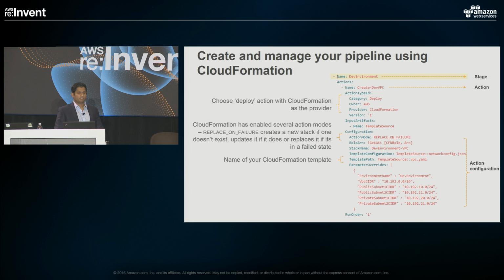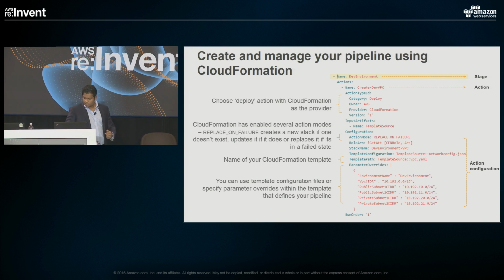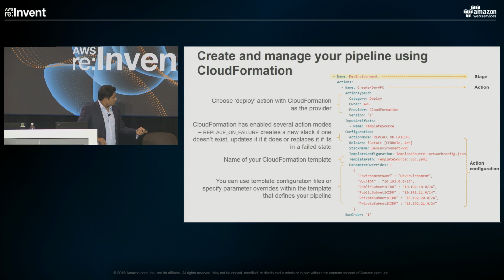The name of your CloudFormation template within your repo. And there's 2 options for configurations for parameters. You can either use a template configuration file that has a JSON list of key value pairs for your parameters, or you can state overrides with any parameter that you want to explicitly set for your stack that's being created.